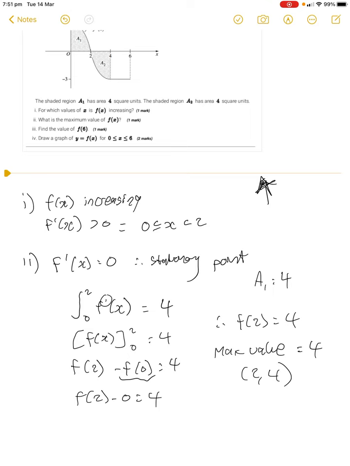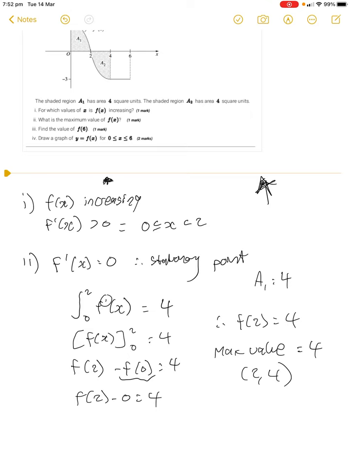Find the value of f of 6. Where this ends up going is, if we look at this graph, what do we notice between 4 and 6? What we notice is that the graph is straight. And if the graph is straight, that is going to be extremely important.